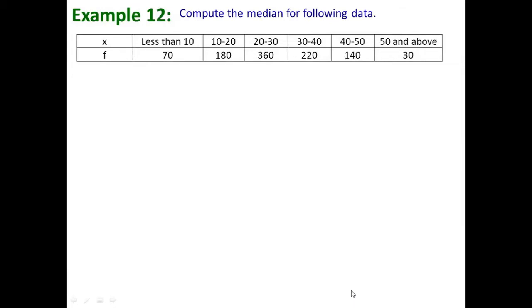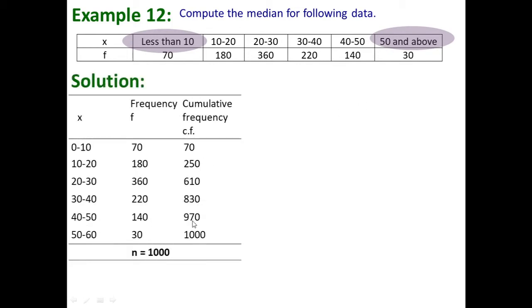The same method can also be used to compute the median for an open-end class dataset. Let's understand with this example. Here you can see the lower limit is not defined and it's clearly written as less than 10. Same way, there is an open end at the upper side where it is mentioned 50 and above. Again we have to make the same cumulative frequency table, as the total number of observations is 1000 here.